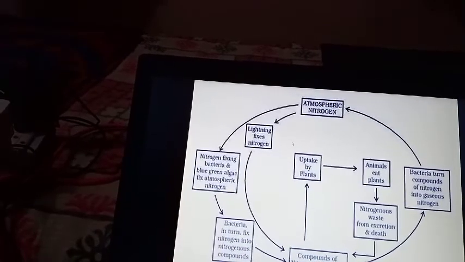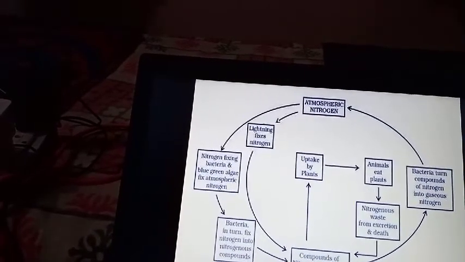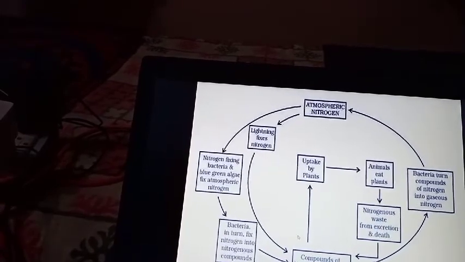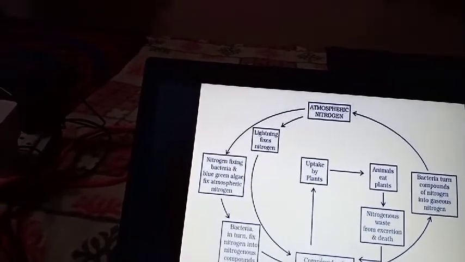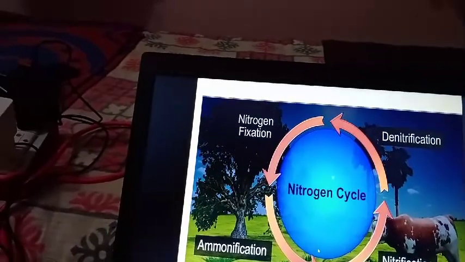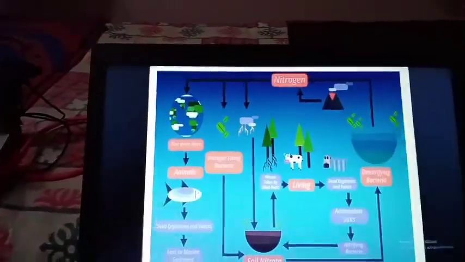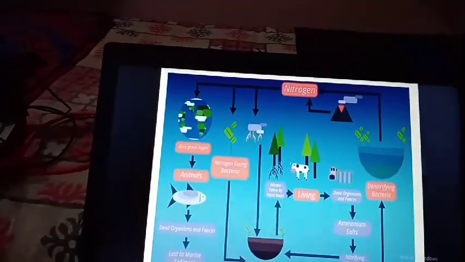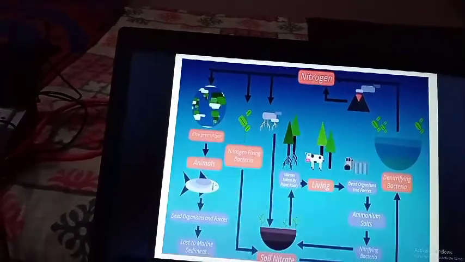So I forgot to say about the nitrogen fixing through lightning. So this is nitrogen fixing by lightning. This is in pictorial form.